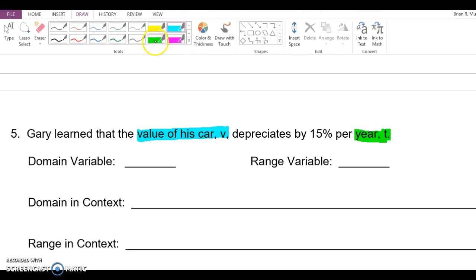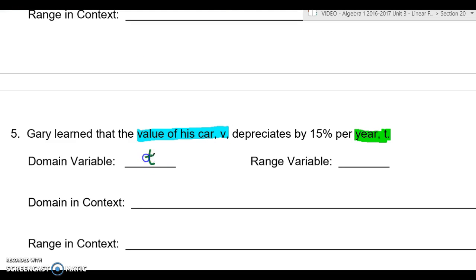So the domain would be T. And we've got to be careful with this. At 15%, yes, that's important information if we were going to set up an equation and solve it, but there's no equation here yet. We just know that T represents the number of years he's owned the car.